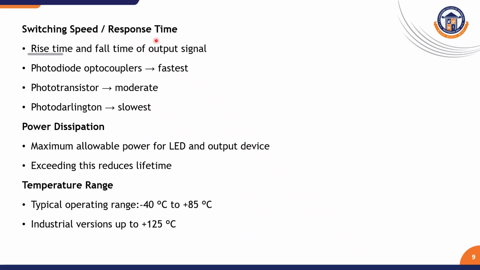Switching speed varies among optocouplers that use a photodiode, phototransistor or photodarlington. Power dissipation is the maximum power the device can dissipate; if it is exceeded, the lifetime is reduced. The temperature range is minus 40 degrees to plus 85 degrees centigrade.